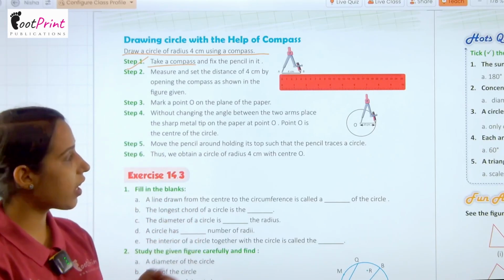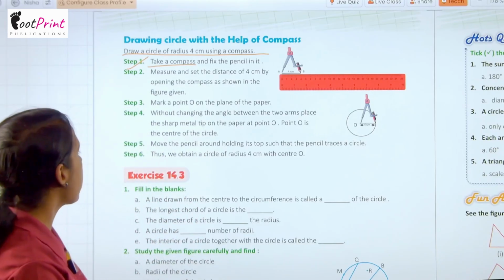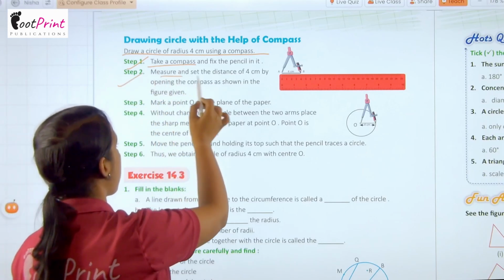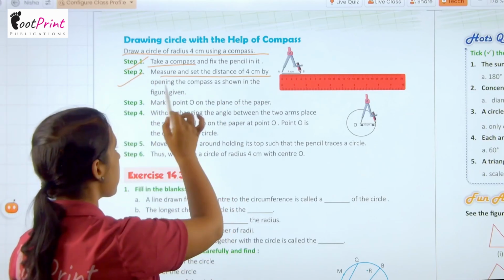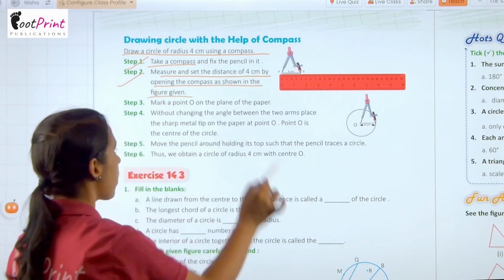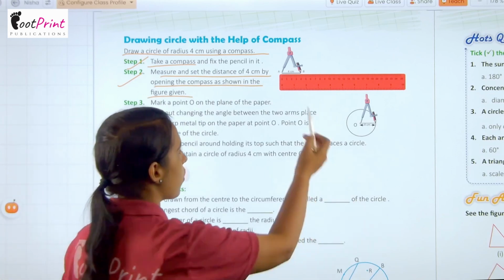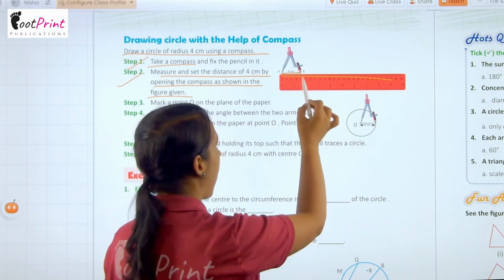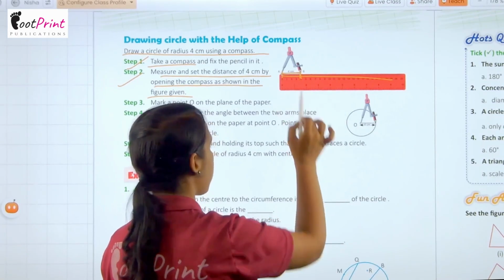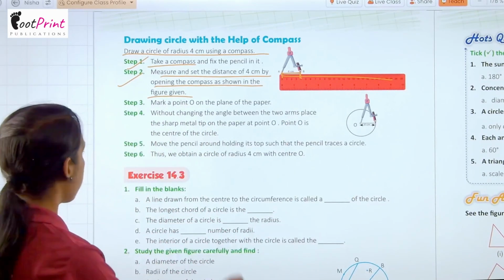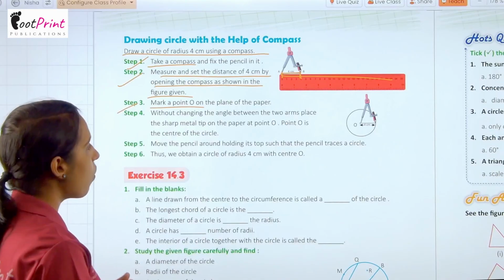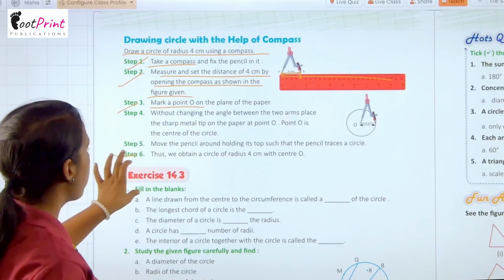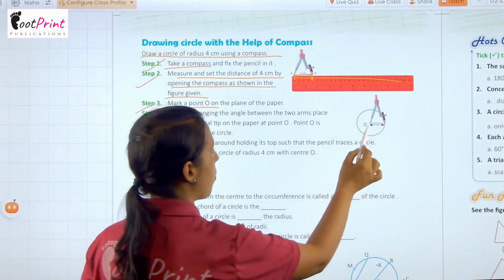Okay, we have to take a compass and fix the pencil in it, and then step second, measure and set the distance of 4 cm by opening the compass as shown in the given figure. Okay, so first we take the ruler and open the compass. As we know, we have to take a radius of 4 cm. And third step, mark a point O on the plane of the paper. Then we have to mark a point O.